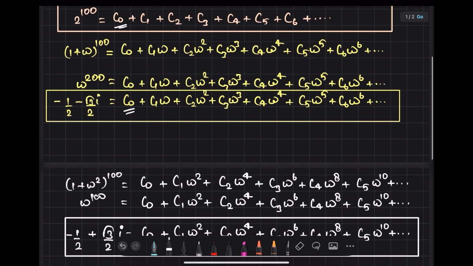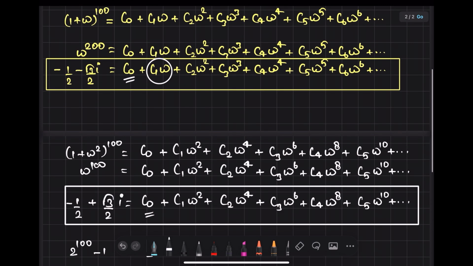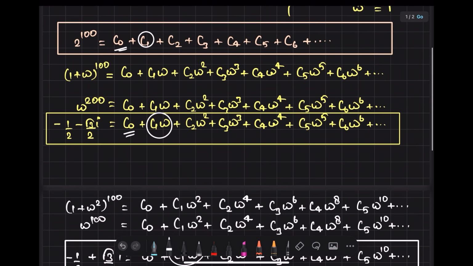Now look at your C1. So this is C1, here also C1, and here also C1. If you take C1 common, you will have 1 plus omega plus omega square, so that will become 0. Okay, so this C1 component will vanish. Now observe C2.